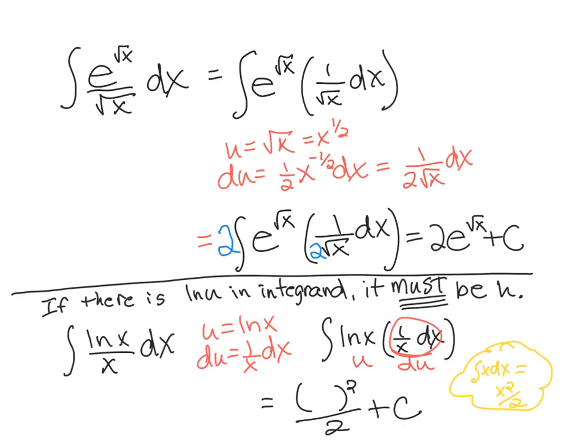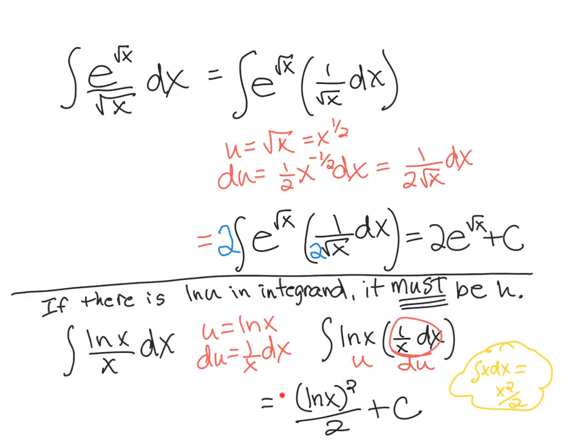Remember at the very beginning, I told you that as long as you have the du, you don't care what the u is. You're just integrating what's happening to the u. So what we have in our parentheses here just happens to be ln of x. If you take the derivative of this answer, that 2 in the denominator is just going along for the ride.